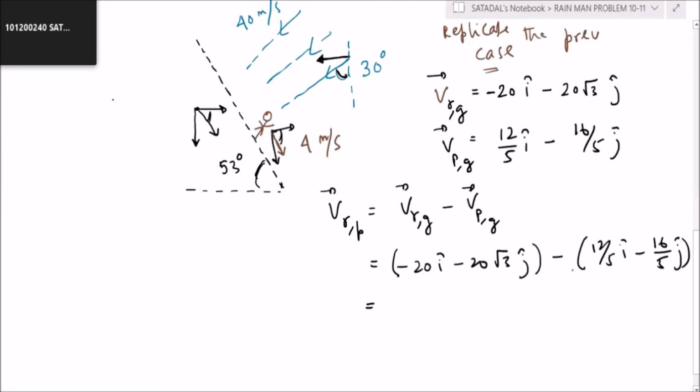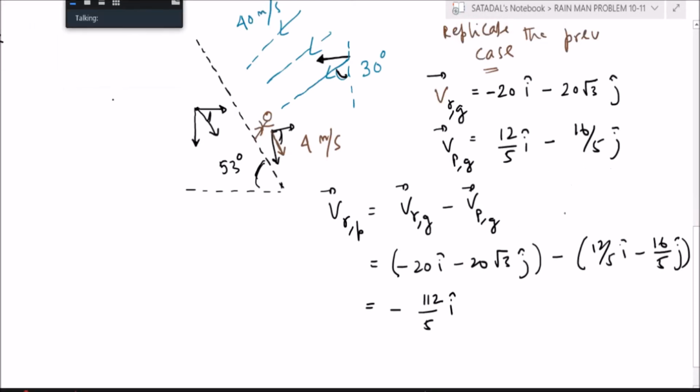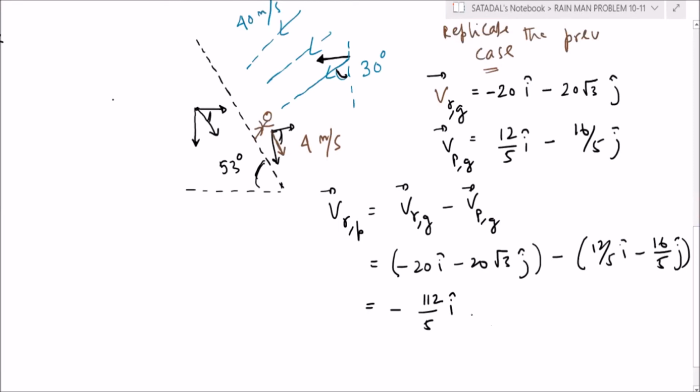So this is coming to be 20 plus 12 by 5 I cap, minus of 112 by 5 I cap. Okay, Snehita. No problem. Calculation mistake can happen. And this one will come to be plus of.